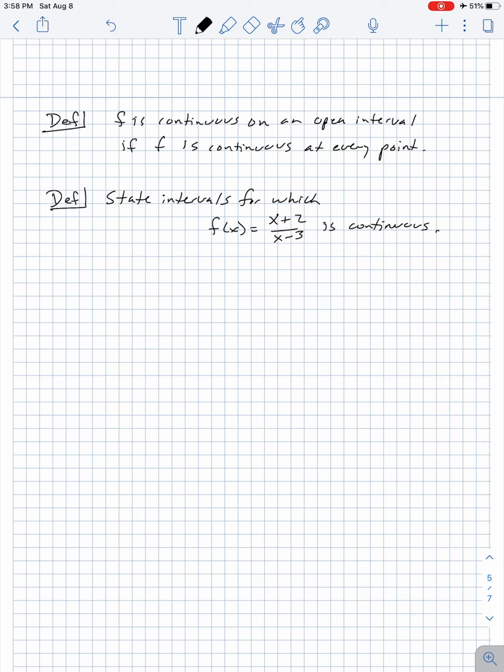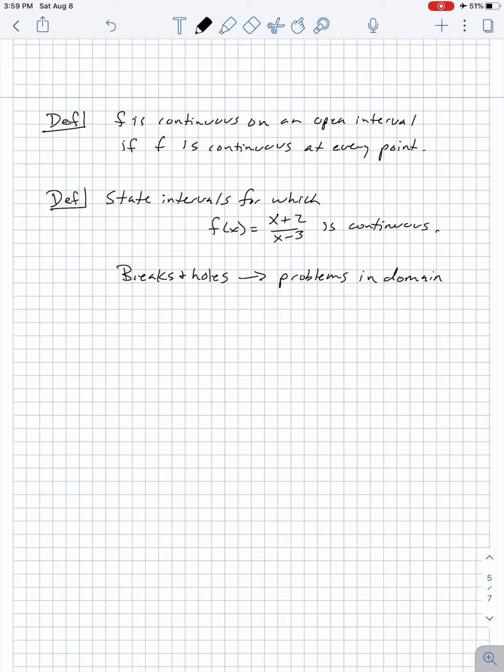Okay, so basically, again, we're saying where are there breaks? Breaks or holes, breaks and holes are problems in the domain.